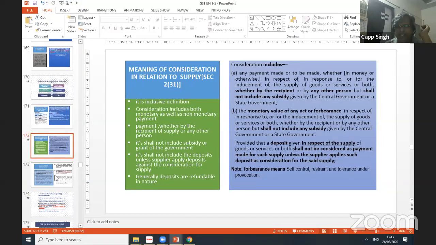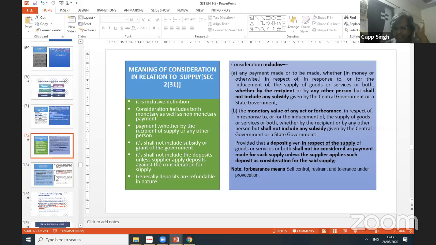And importantly, consideration is the price paid to the supplier of goods or services. It is not the amount which is being paid by the recipient, so there may be situations where someone else partially pays on behalf of the recipient of the supply.